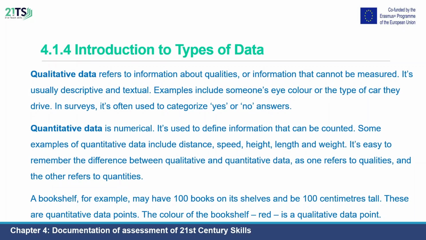Qualitative data refer to information about qualities or information that cannot be measured. It's usually descriptive and textual. Examples include someone's eye colors or the type of car they drive.